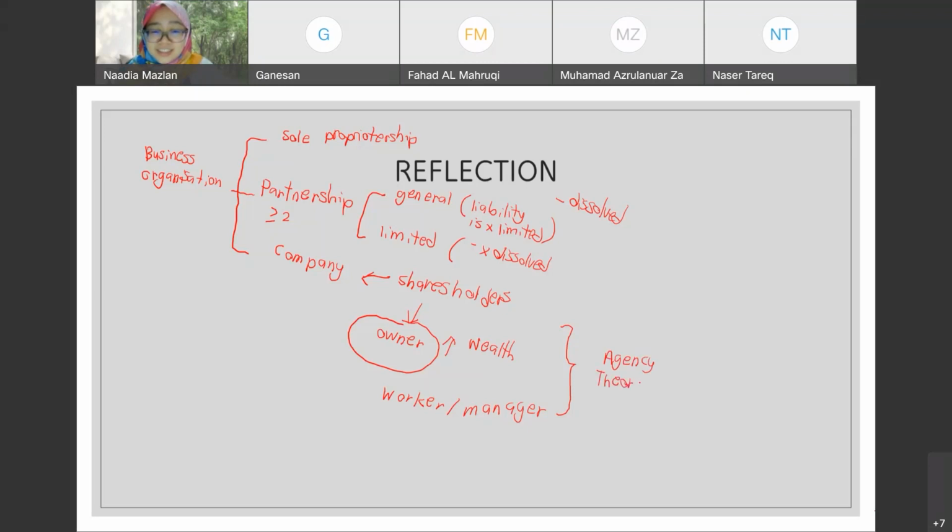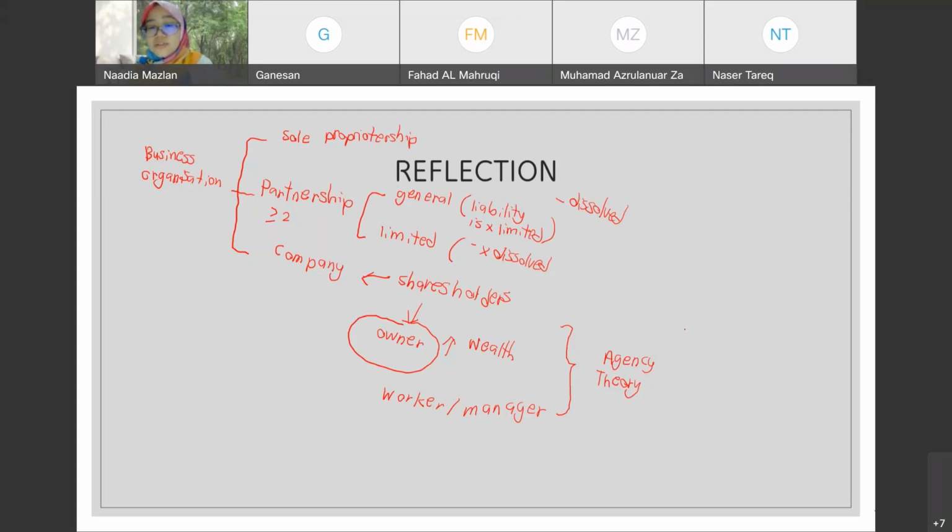So what does agency theory say? Agency theory says that in order to increase the wealth, the workers and managers need to help. However, some of the workers or managers might feel this is not their purpose in life. Why do they need to do this?